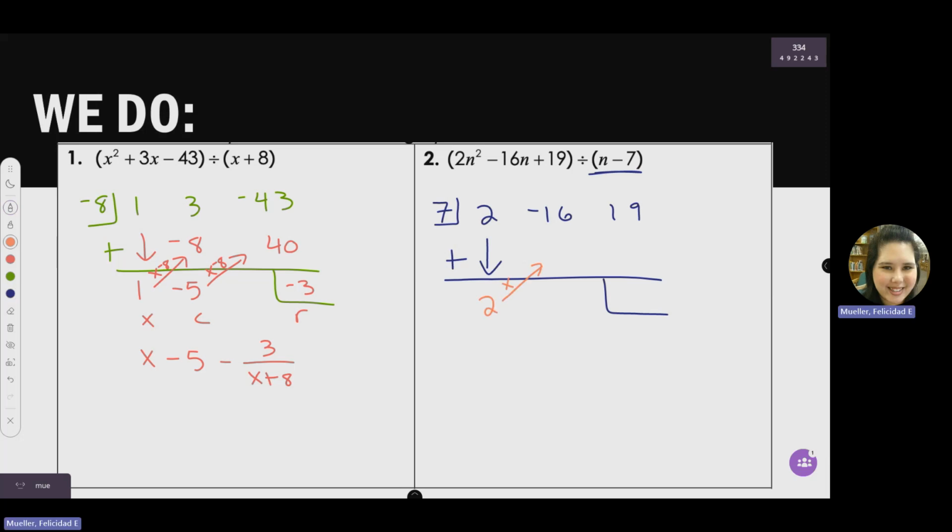We are then going to multiply by 7 to get 14. -16 plus 14 is -2, times 7 to get -14. And we get 5. So again, remainder, constant, and n term. So 2n minus 2 plus 5 over n minus 7. As always, pause the video if needed.